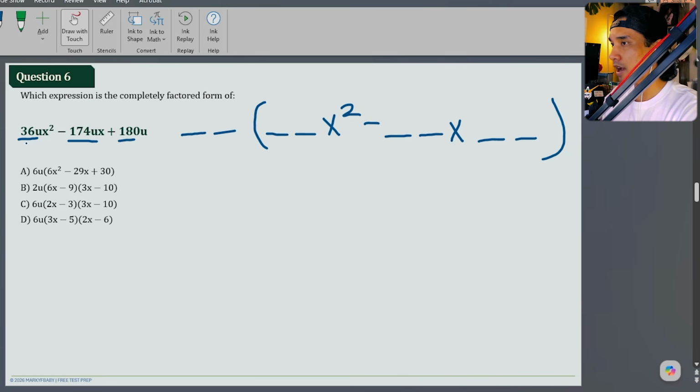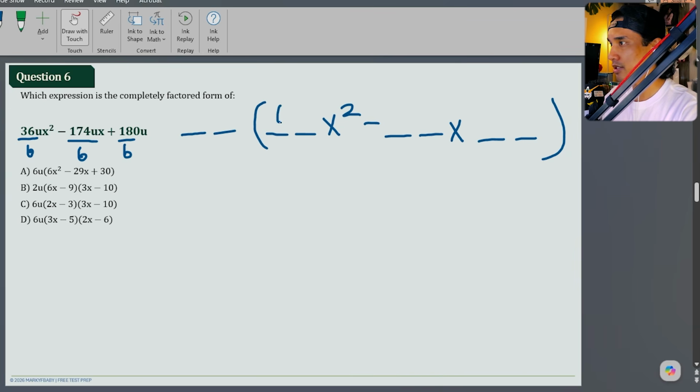And what can divide cleanly out of all the number terms? Well, that answer is 6. I could divide out 6. Okay? You don't need to memorize this exactly, but you're going to have to perform fast arithmetic. Okay? So 36 divided by 6, that is 6.